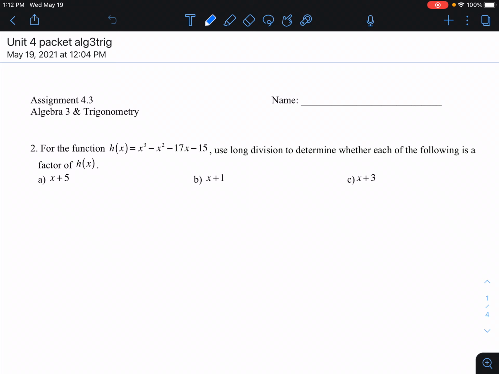We have three separate problems here, A, B, and C. Again, I do want to reiterate that, as you guys have noticed by now, I'm not big on writing steps down. So if you need steps, feel free to hit up Google, type in polynomial long division steps, and it'll break it down for you like that.